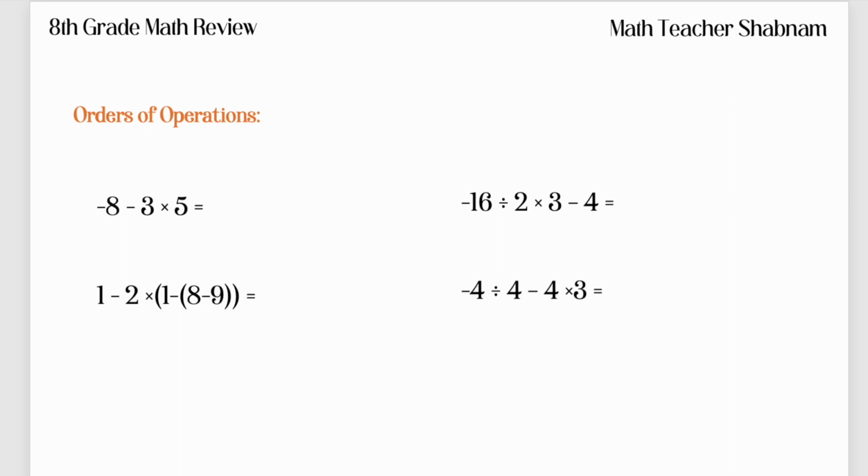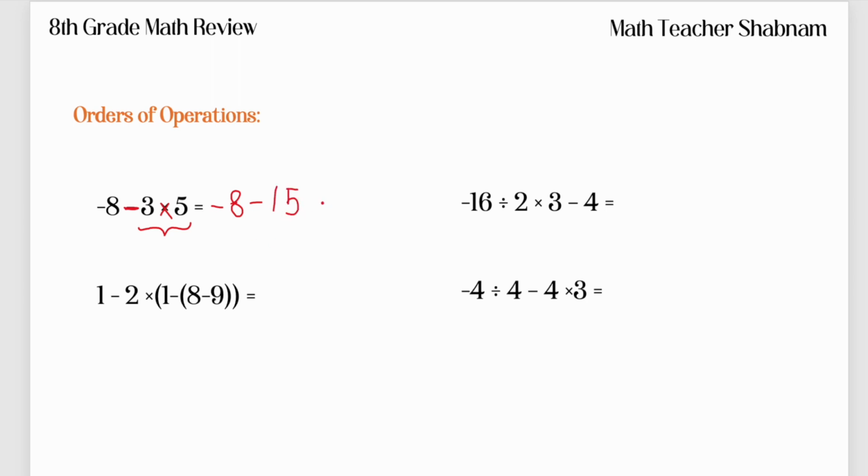Over here, I am looking at two operations. I have a subtraction here and a multiplication here. Order of operations tells us that it is the multiplication that has priority. Therefore, we are looking at -8 minus 3 times 5, which is 15.